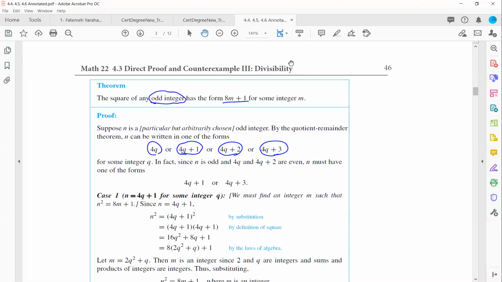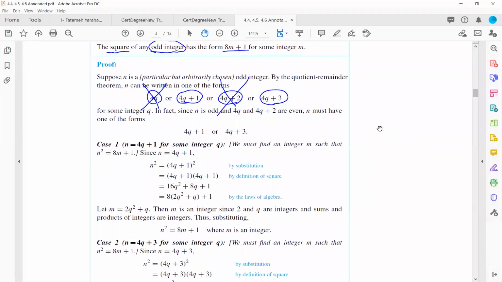Let us get back to the theorem. It says the integer is odd. It means that it's not in the format of 2 times an integer. So for sure you can get rid of these 2 cases. You only have 2 formats to work with, 4q plus 1 and 4q plus 3. We're squaring each of these and we show that the outcome has the form 8m plus 1.